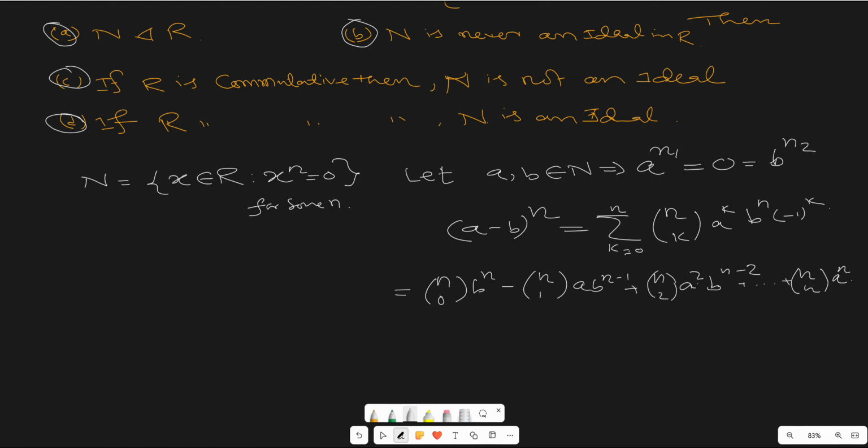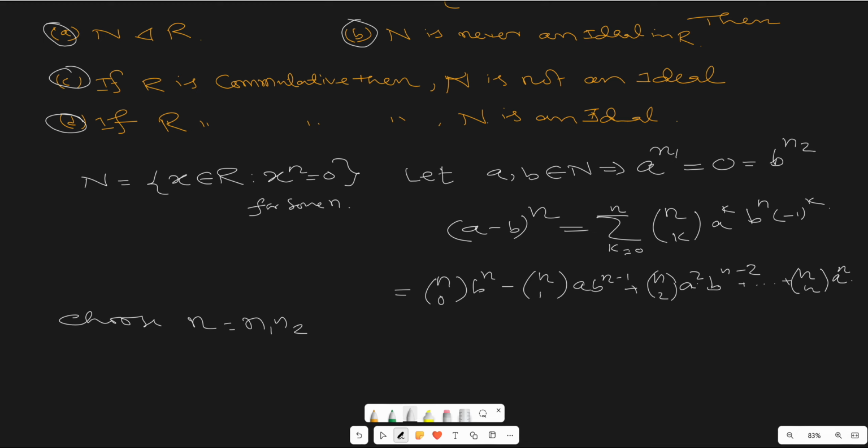Okay, this is right. So choose n, which is n1 into n2. Suppose you have chosen n equals n1 n2.